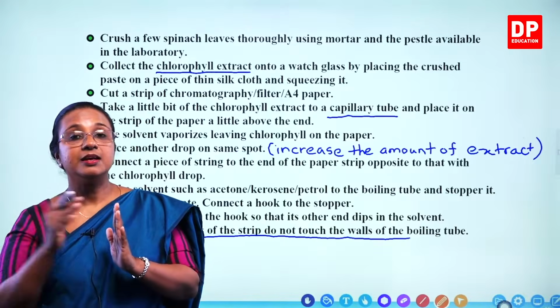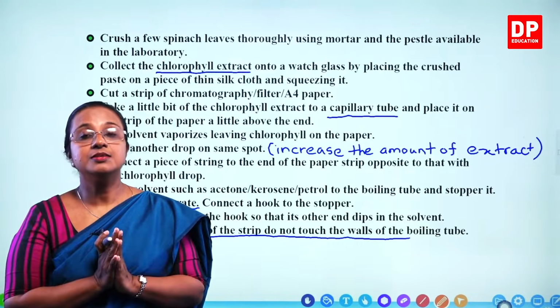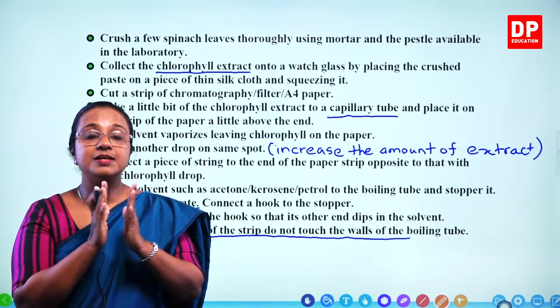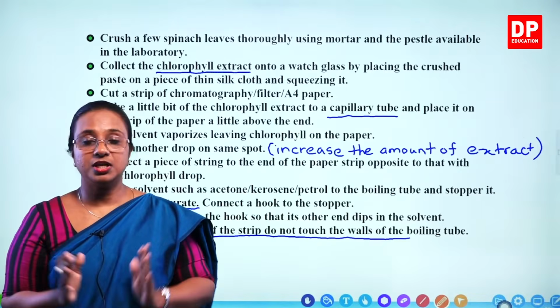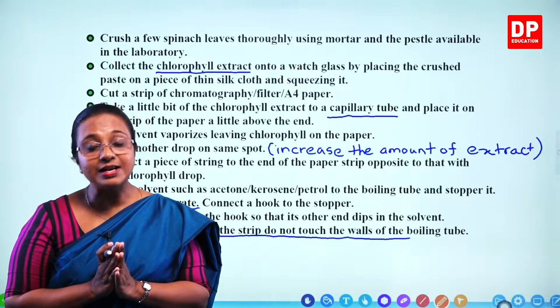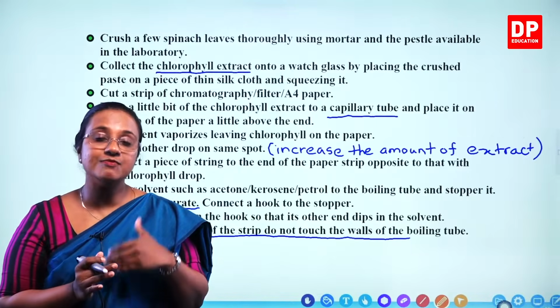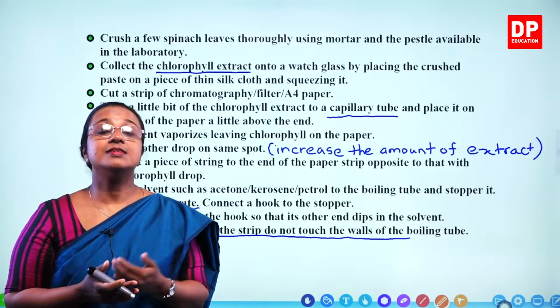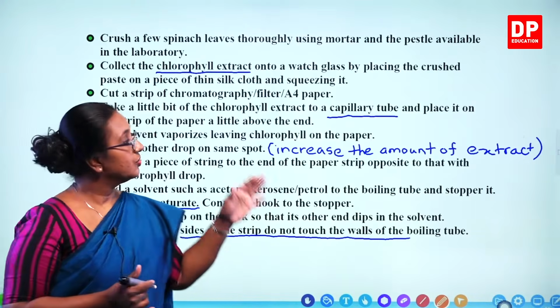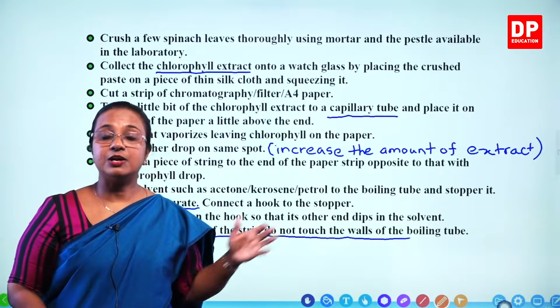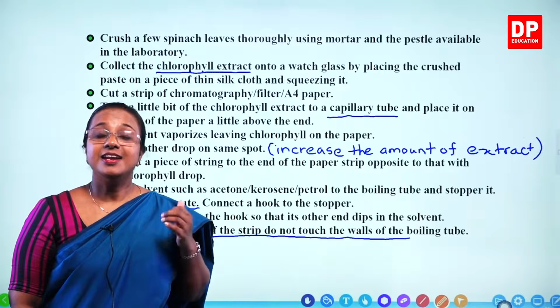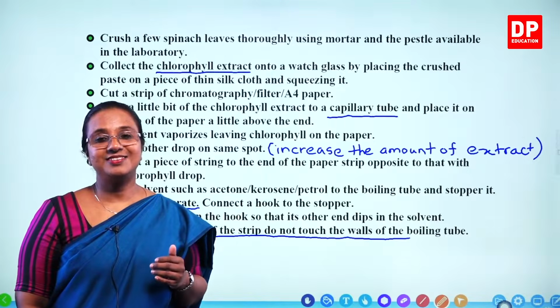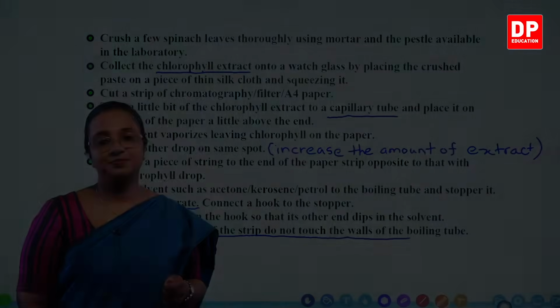It doesn't get spread throughout the strip, and the sample doesn't get spread out. It travels in one line. That again will give efficient separation. So this is the technique of chromatography. Now let us do this activity in the lab.